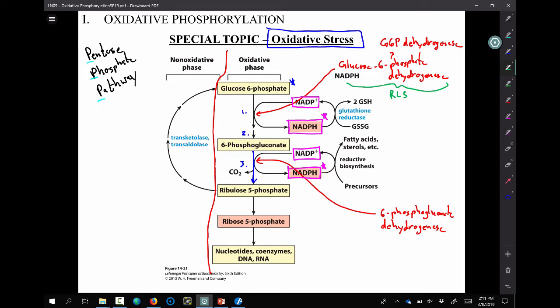That's shown here. Now don't think it's only the NADPH produced by the first step that's used by glutathione reductase. It's just shown there. NADPH, generally speaking, is going to be used by glutathione reductase.